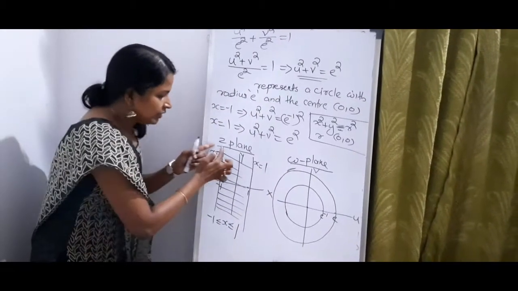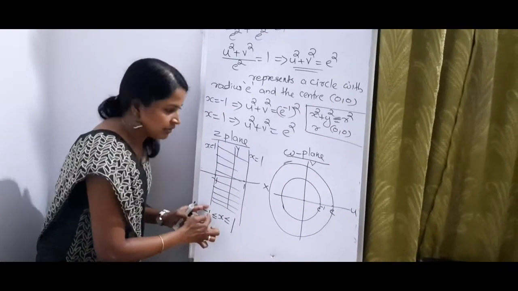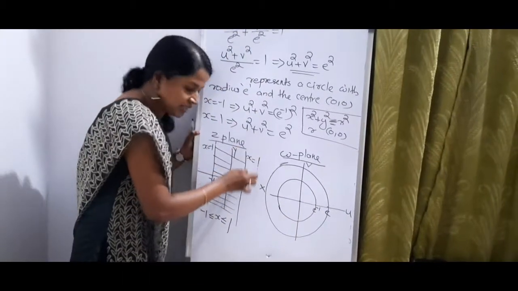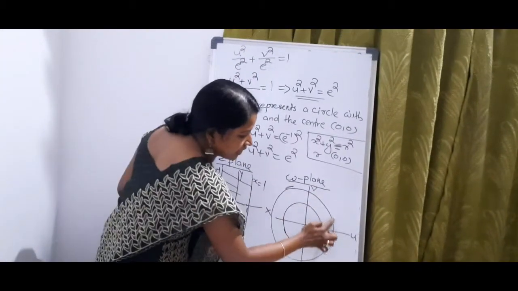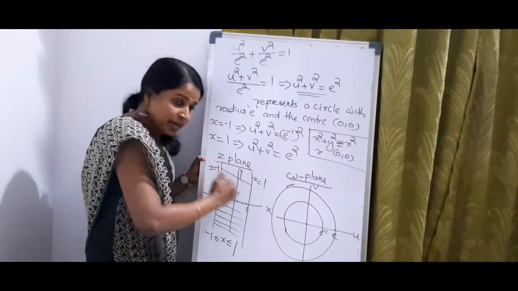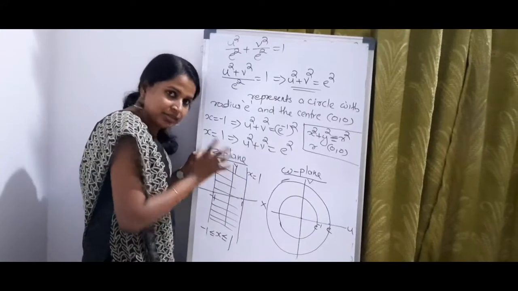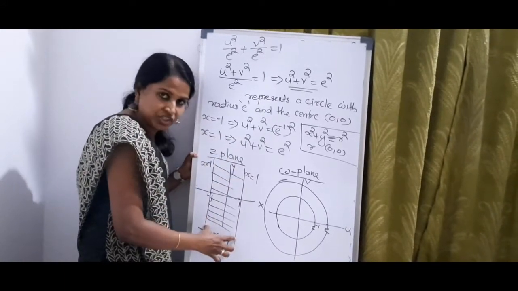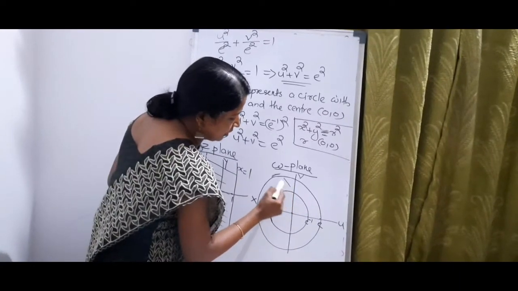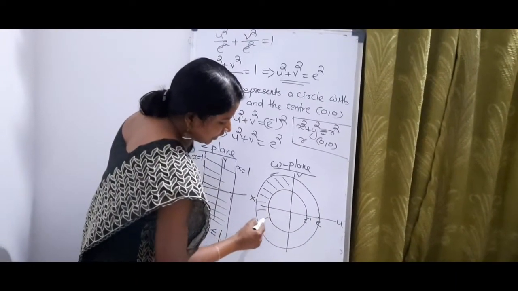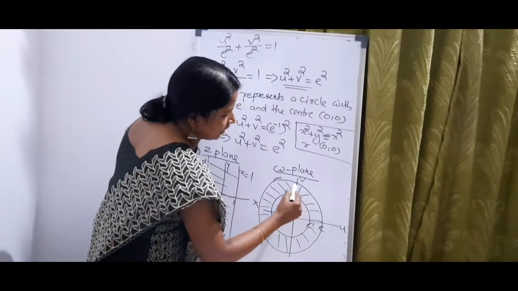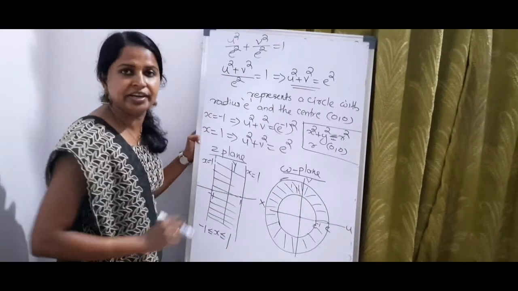Listen, this line is transformed to this circle, and this line is transformed to the circle with radius e. Here in Z plane, the region bounded by these lines, in between the region. So in W plane, the region bounded by the circles is this portion. In between the region is this shaded region.